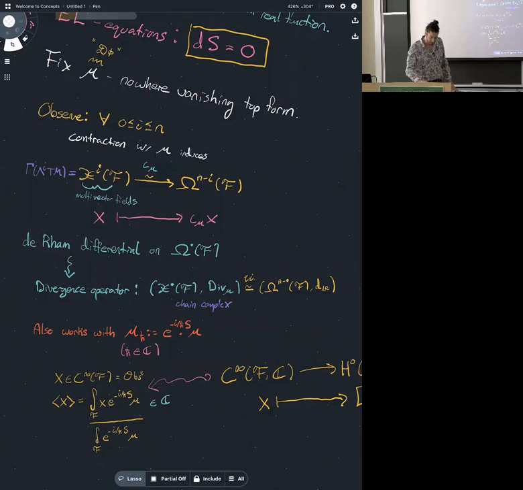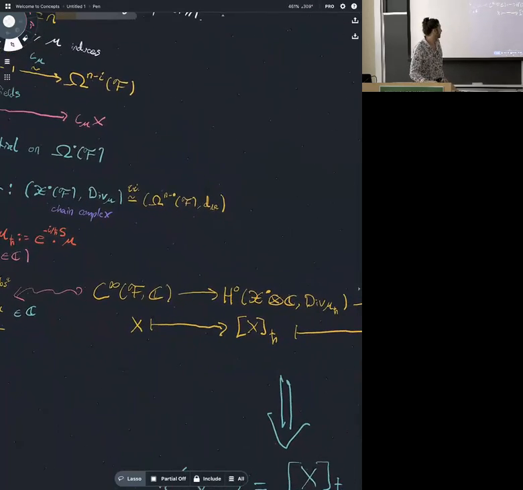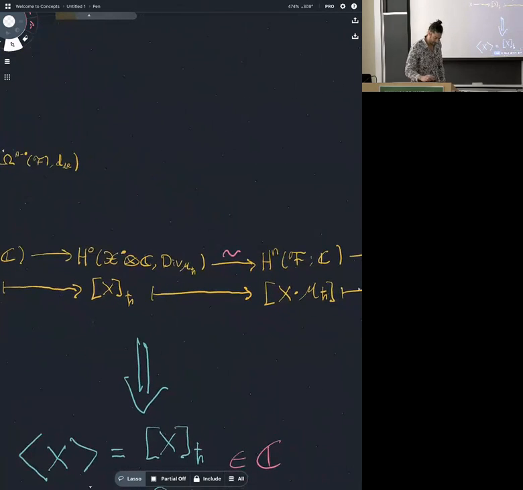So I take smooth functions on F with values in C, and I can map it to the zeroth cohomology of the chain complex I have on multi-vector fields. That's the same as the nth cohomology of F with values in C. The isomorphism is just given by multiplication with this weighted measure because it's nowhere vanishing.